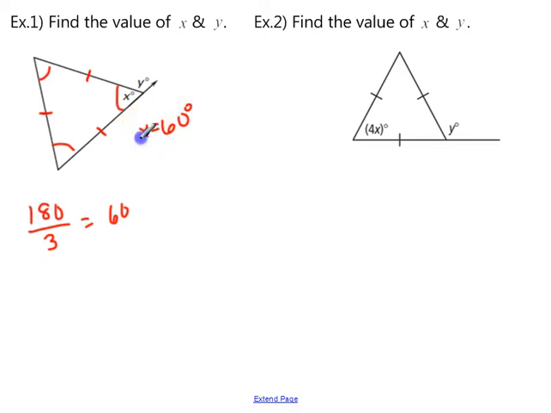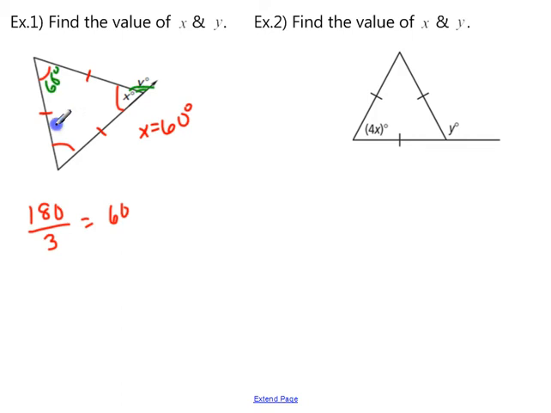So again, I highly suggest that you jog your memory that each of the angles in an equilateral triangle is 60 degrees. Now when we're trying to find the value of y, you can do this 2 different ways. First, if you use the exterior angle theorem, y is going to be equal to the sum of the 2 non-adjacent interior angles.